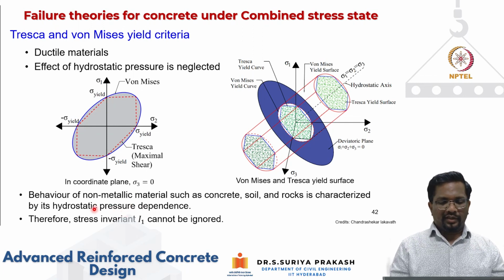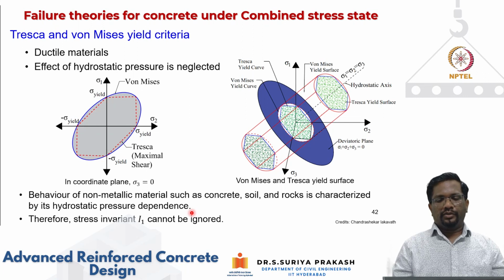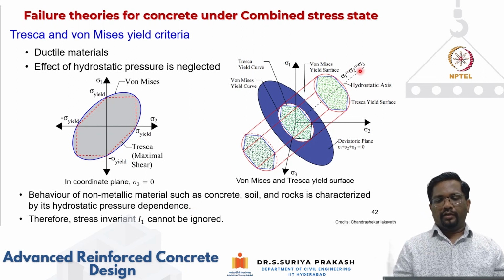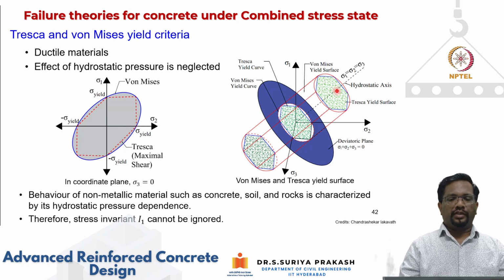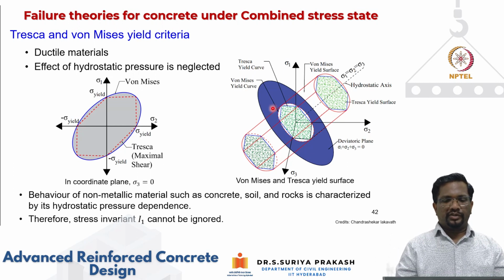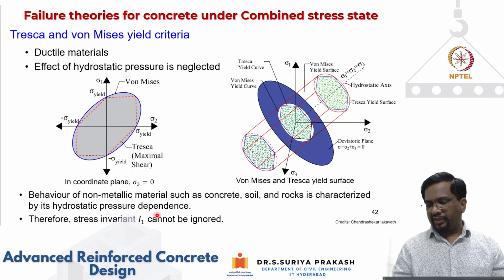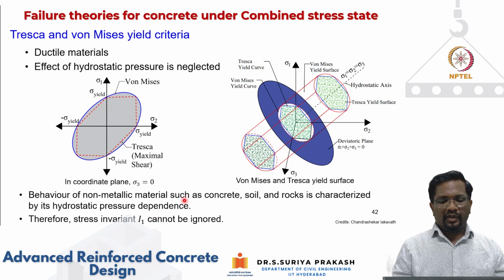There is a hydrostatic pressure dependence there. You must have studied in your advanced structural mechanics that the stress tensor can be converted into principal stresses, and stress invariants can also be defined. In other words, the failure theory is also a function of the stress invariant I1.